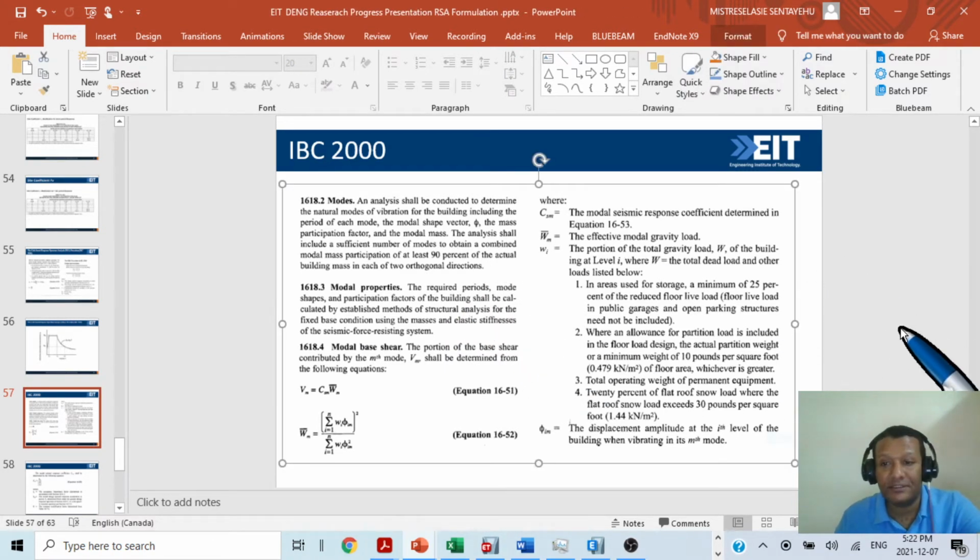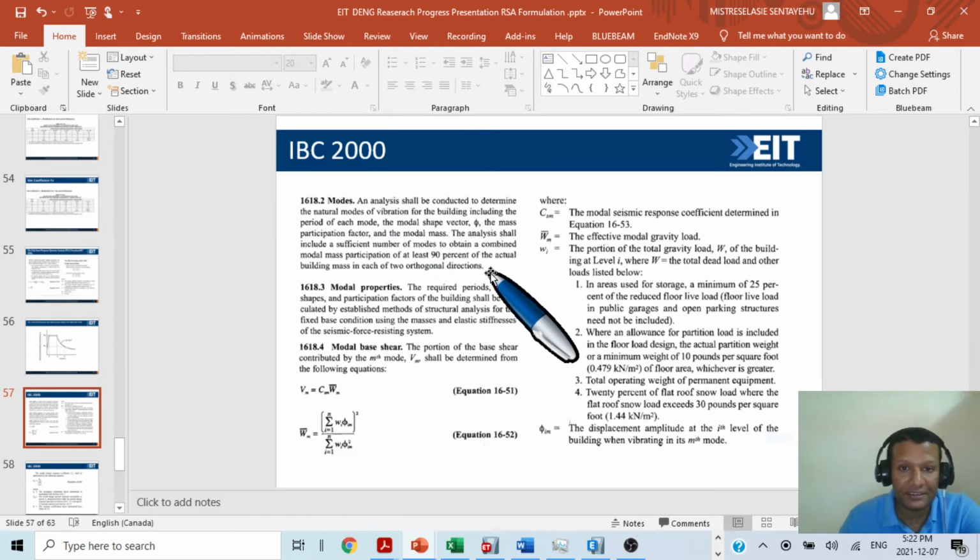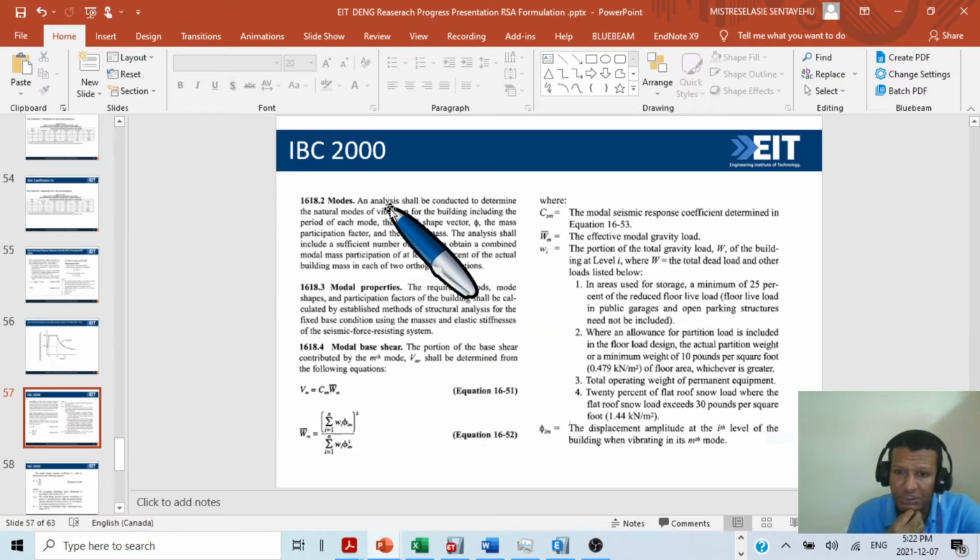The only difference between UBC 97 and IBC 2000 which I noticed is when we see the base shear which we find from ELF and from response spectrum, if it is lower, how to scale it.